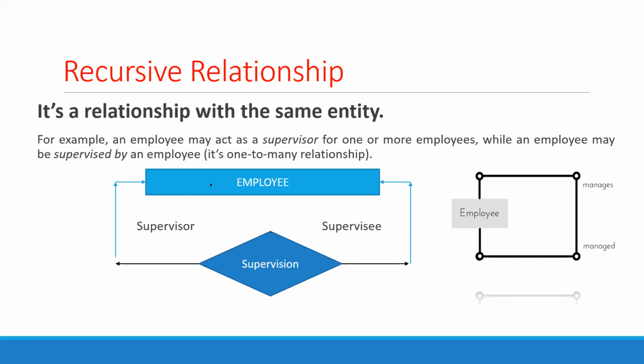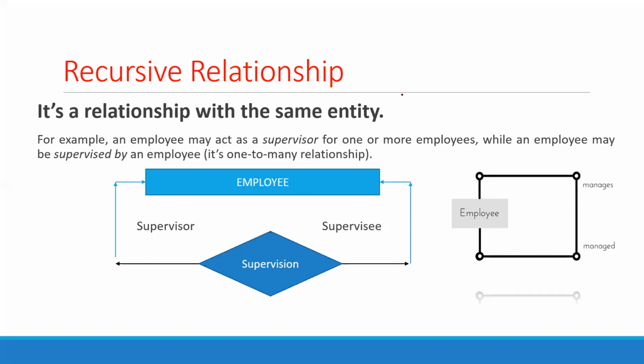Now we will discuss only the concept of employee, not positions and designations. So an employee is a supervisor, and he is supervised by an employee. One entity having a relation with the same entity: this process is called a recursive relationship.